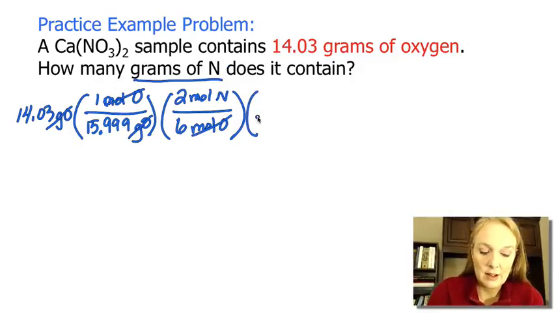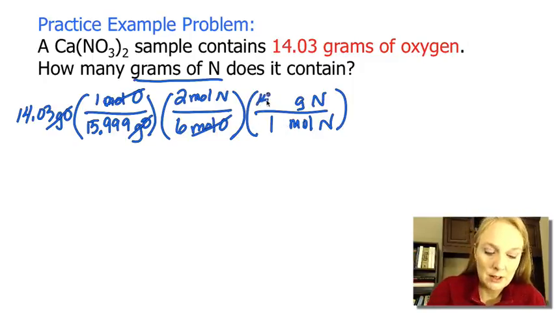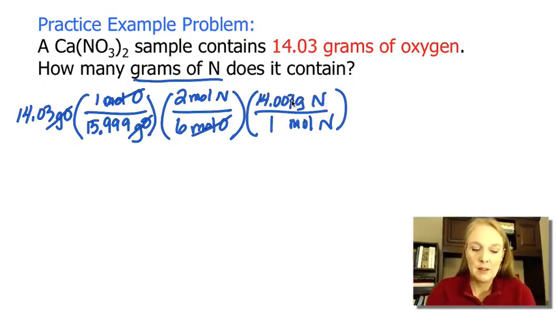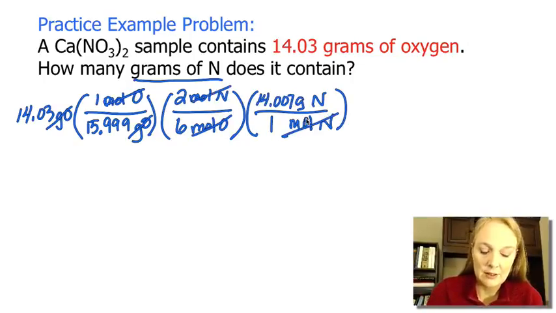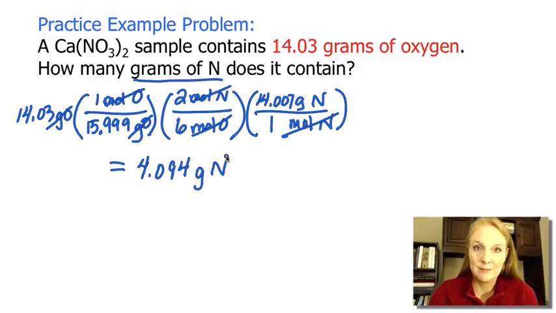Well, that's easy enough. I know the ratio of moles of nitrogen to grams of nitrogen because I can just look that up on the periodic table. 1 mole of nitrogen contains 14.007 grams. So my moles of nitrogen has canceled out, and the answer to this problem then becomes 4.094 grams of nitrogen.